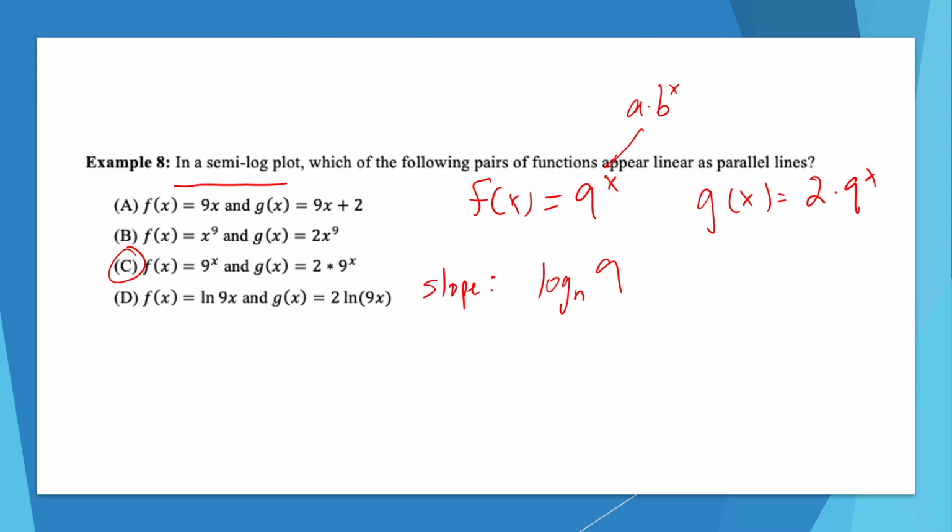For g of x, our slope would also be log base n, and our b value is also 9 here. So they have the same slope. Basically, if your bases are the same, you're going to have the same slope. And our a values are a little bit different, and those affect your y-intercept. So that's why C is going to be the correct answer.